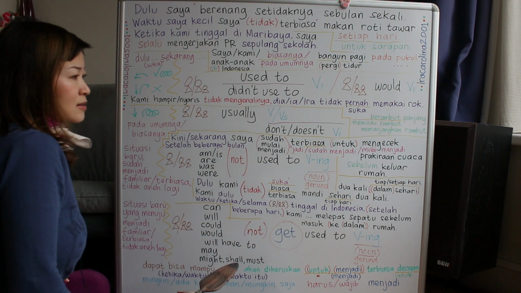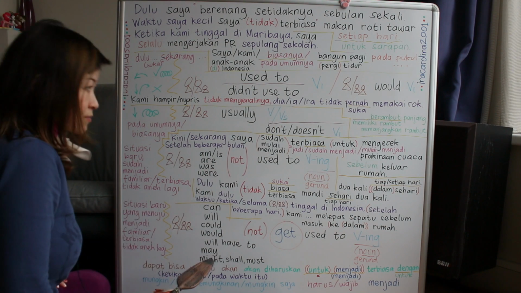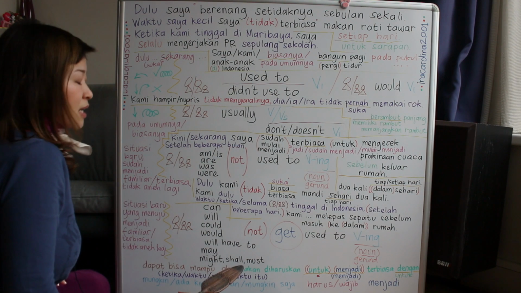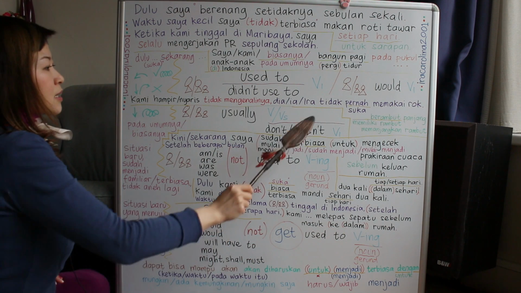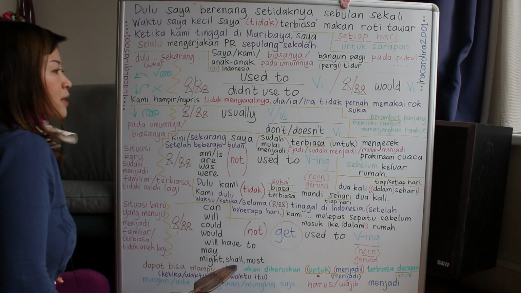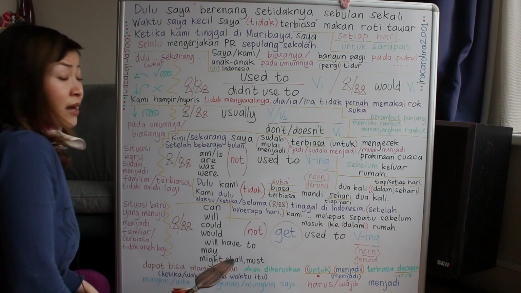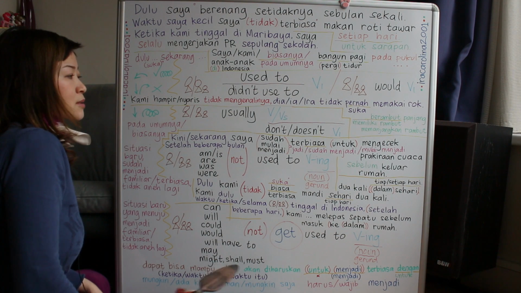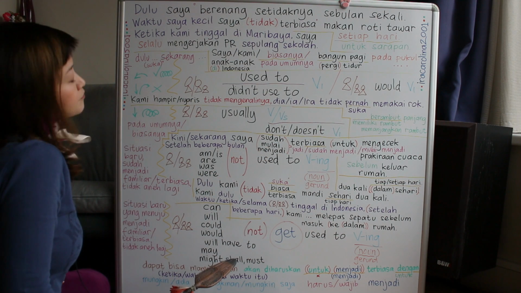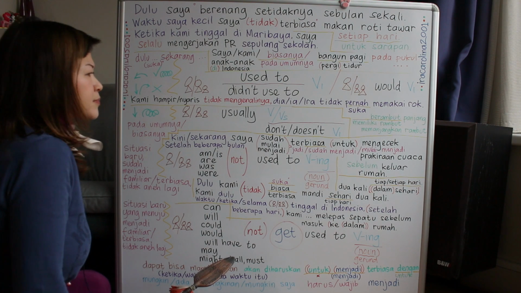Dia, he or she, or ia, he or she, or the name. In this case I will just put my name, Ira. Tidak pernah. Tidak is no or not. Pernah is ever. So it's never. Tidak pernah. Not ever, never.